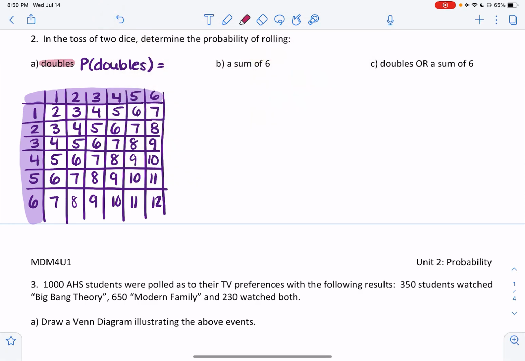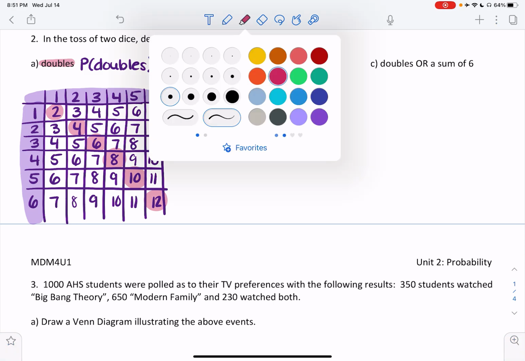So how many doubles do I have? 1 and 1, 2 and 2, 3 and 3, 4 and 4, 5 and 5, 6 and 6. So I have 1, 2, 3, 4, 5, 6 doubles out of the 36 options, and that simplifies to 1/6.